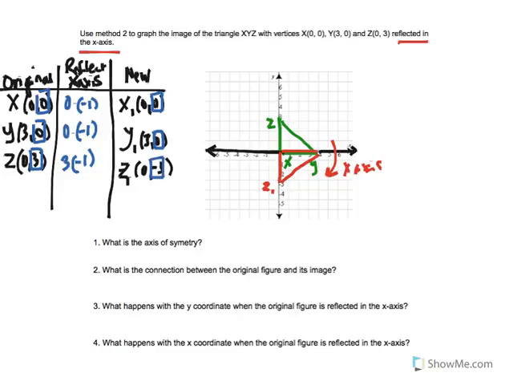So what is the axis of symmetry here? The x-axis. What is the connection between the original figure and its image? They are the same. What happens with the y-coordinate when the original figure is reflected in the x-axis? We multiply the y-coordinate by -1.